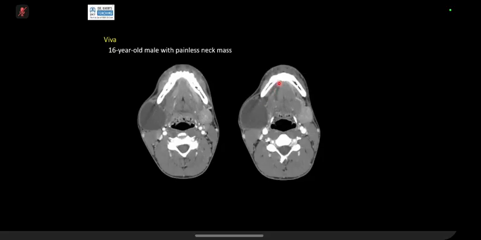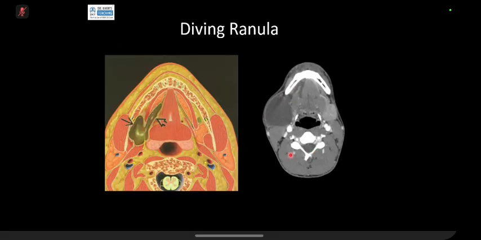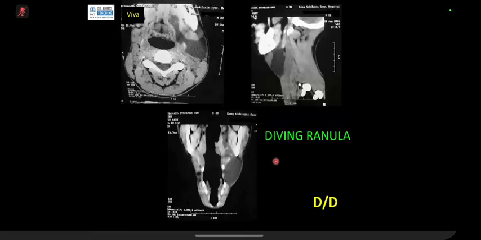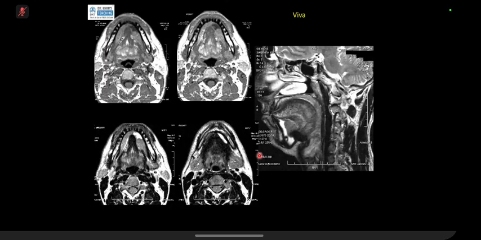It gives you this kind of a tail appearance, and part of it is sitting down here. So this is a diagram, and this is another case in which it has gone down, and another one.